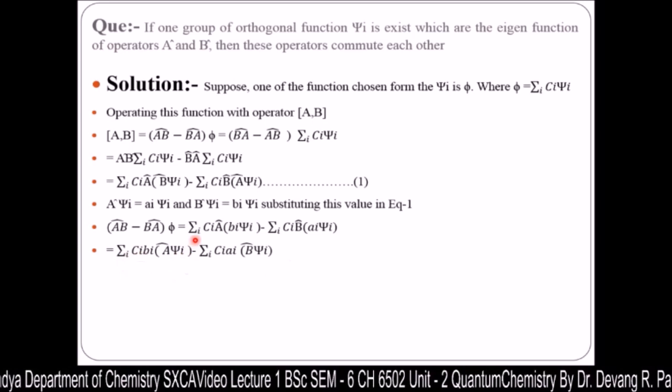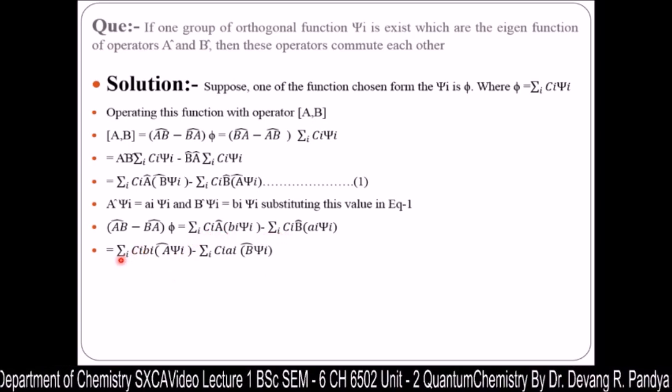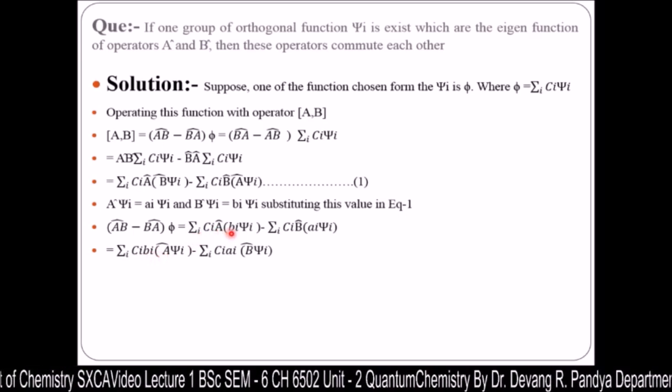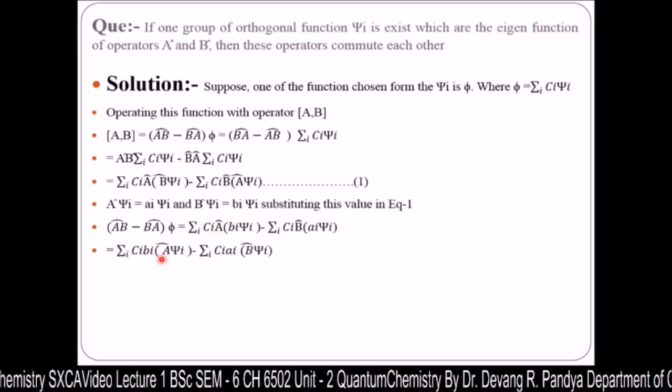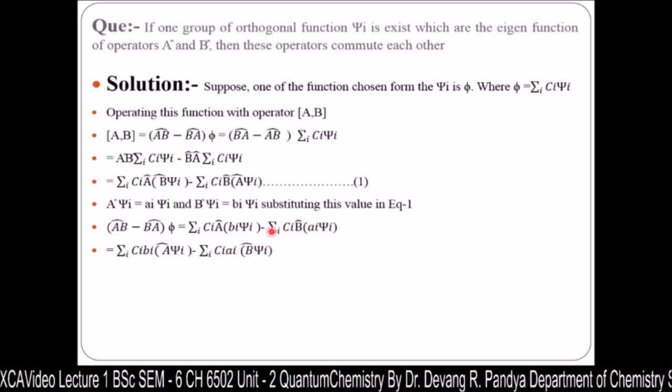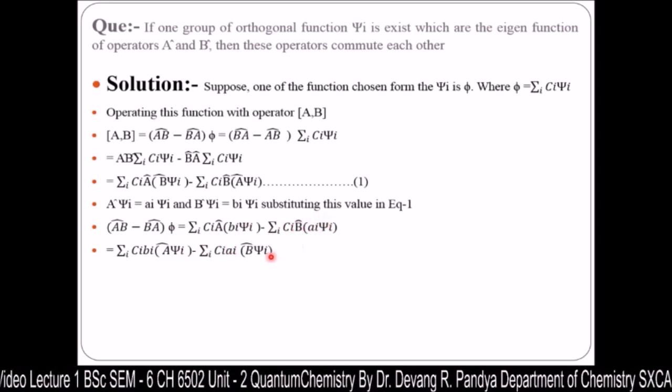So now the similar value is kept outside, that is sigma I Ci Bi, and when we keep Bi outside, now the operator A will operate on psi I, and when we keep Ai outside, now operator B operates on psi I over here.